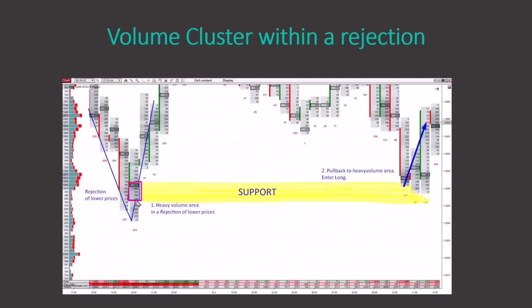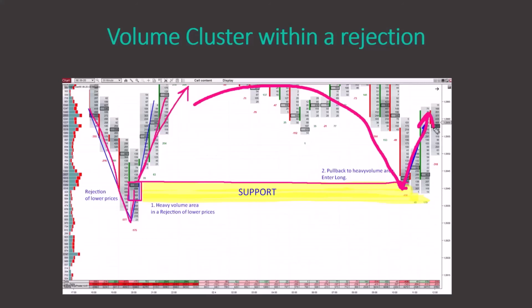This volume cluster is the place where buyers started to buy everything sellers were selling, and they started their buying pressure and pushed the price upwards from there. So this is the most important zone within the rejection. This is the beginning of it. So you wait for pullback and go long from there.